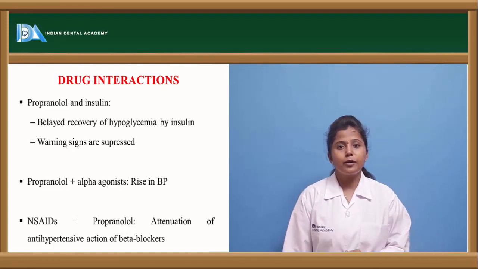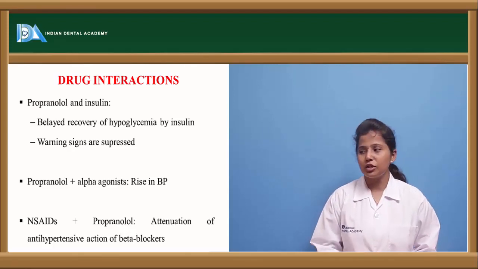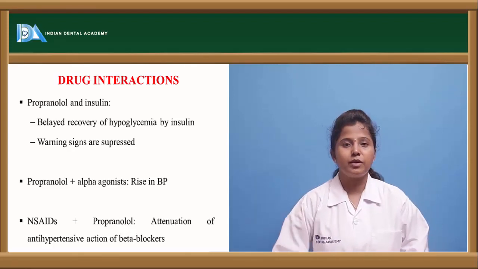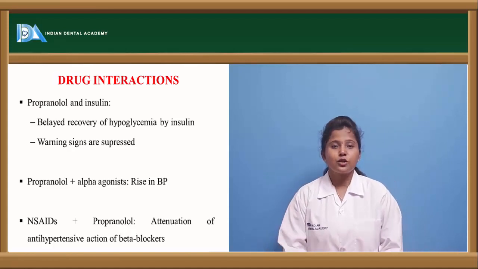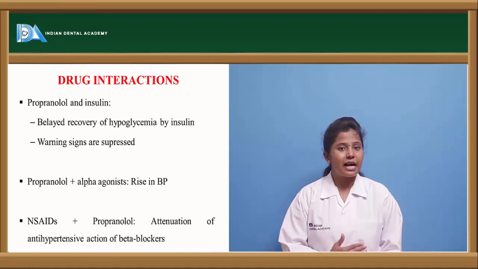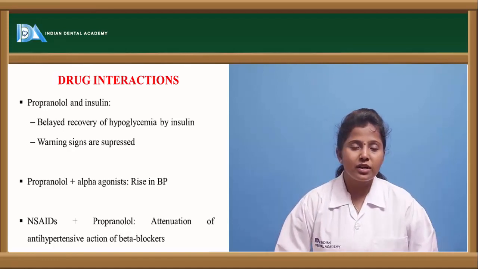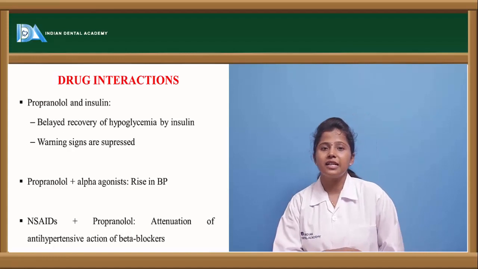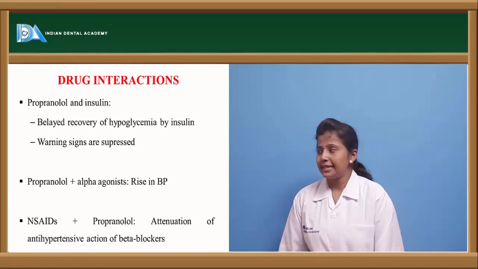Propranolol should be contraindicated with NSAIDs because it causes attenuation of the antihypertensive action of beta blockers. Attenuation is nothing but almost extinction. So the antihypertensive activity of these beta blockers can be nullified, or they show no effect when propranolol is given with NSAIDs.